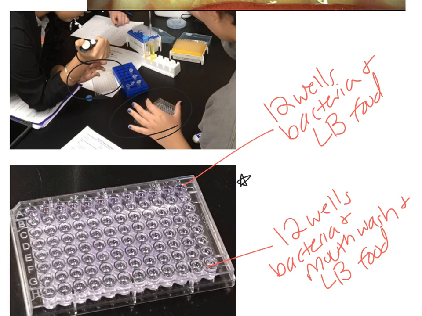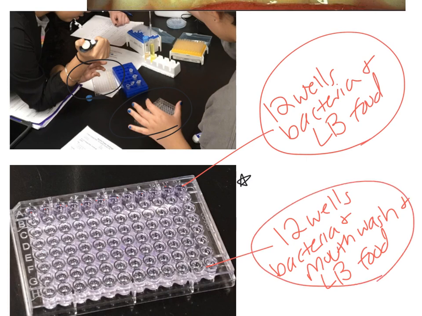But we need food in every well so that we give the bacteria a chance to reproduce. So you can then make a prediction about in which wells you expect there to be the most amount of growth. So you've got some that contain bacteria and food, some that contain bacteria, mouthwash, and food.